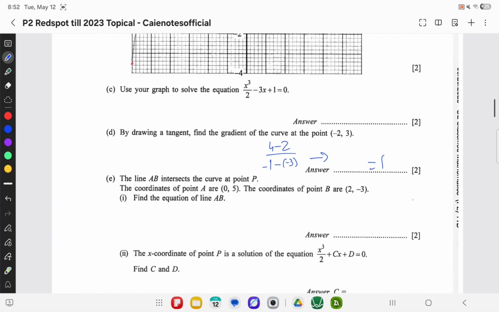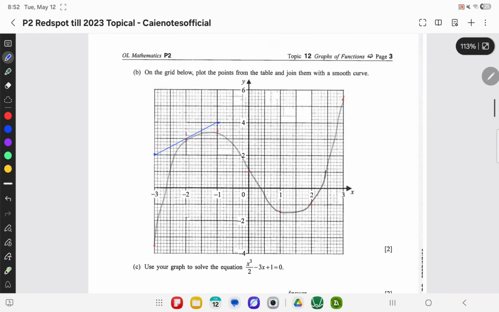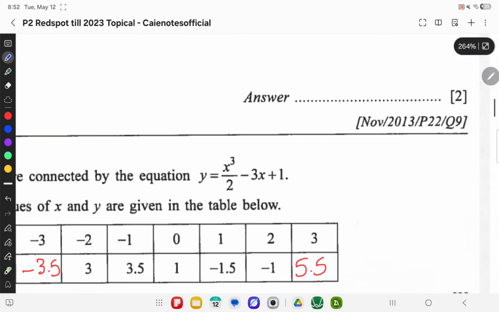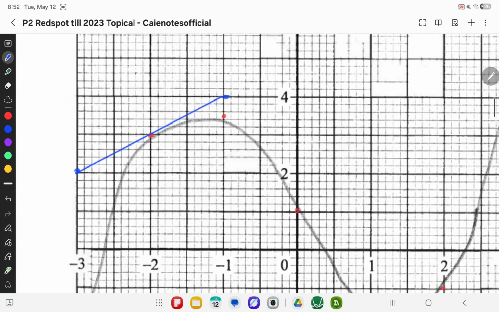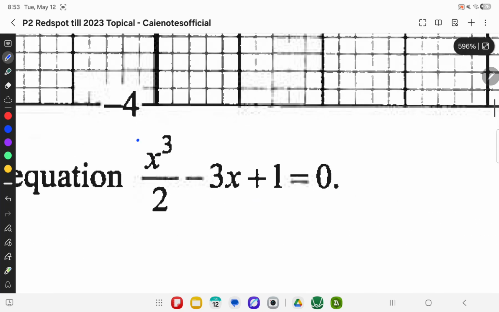So how do we solve the question? Enough yapping. How do you solve it? Well, you are going to first look at this carefully: x cubed minus 2 all over 2 minus 3x plus 1. You are going to look at the curve that you already made and compare it with this equation. Now here we have this thingy. What is this?